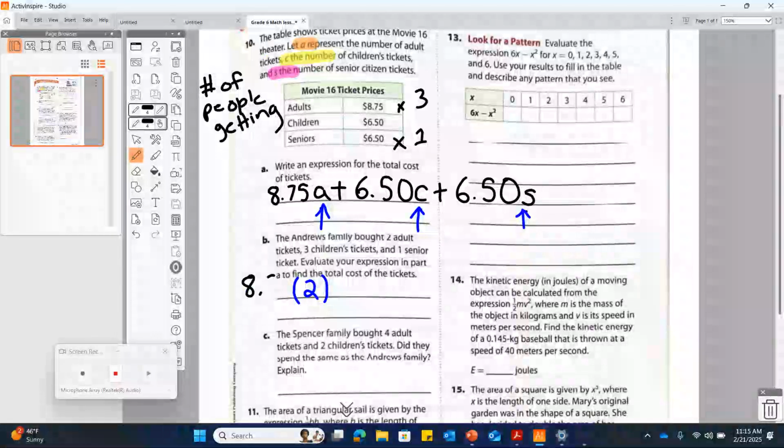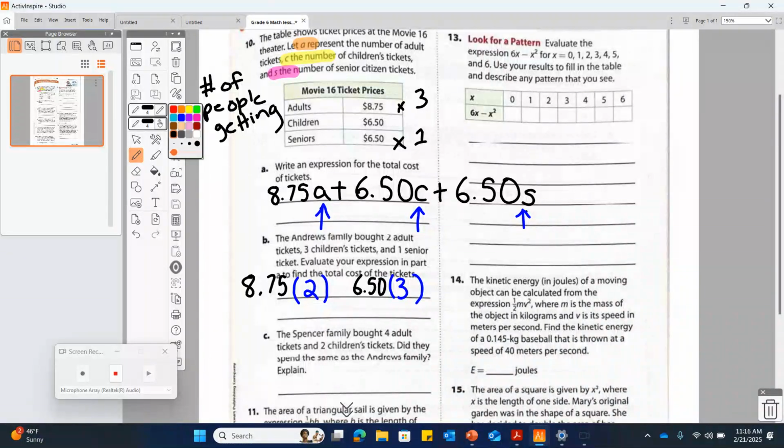They bought 3 children's tickets, and those children's tickets still cost $6.50 a ticket. And then they bought 1 senior ticket. And that senior ticket costs $6.50. So I want you to see what we mean by substitution is we're literally taking out the letter and putting in a number value. Okay?